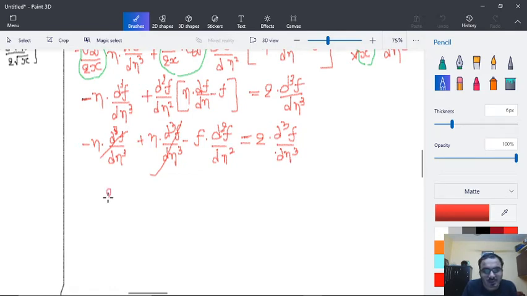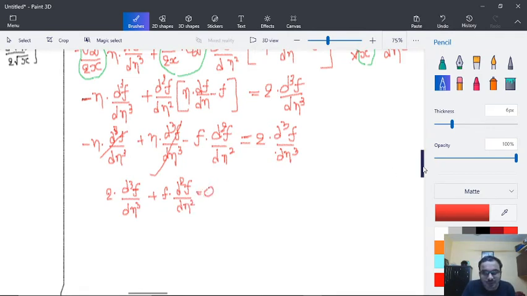now, that is 2 into d3f over d eta cube plus, we have taken this term on the right hand side, that is f into d2f over d eta square, which is equal to 0.